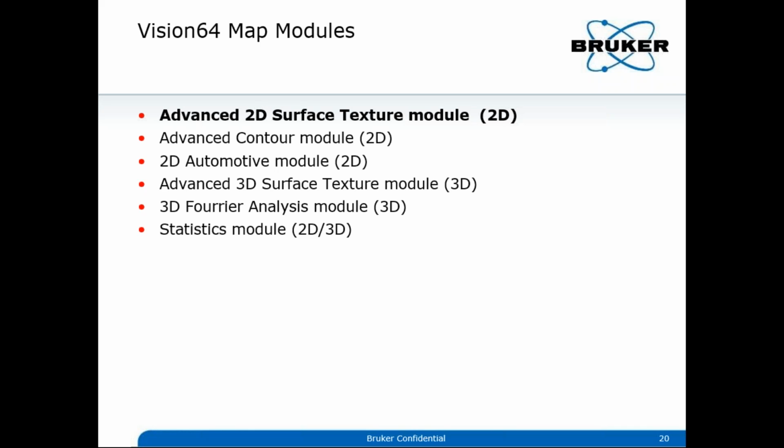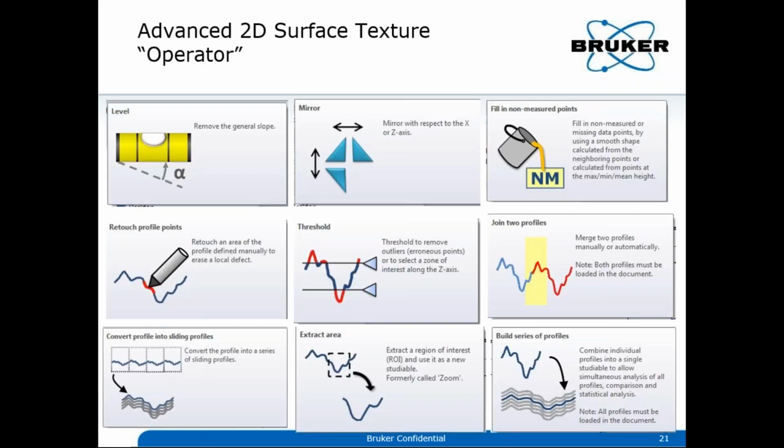If you're from the automotive industry, you will need the 2D automotive module, and other modules are also available. I'm going to go through them one by one, and should you have more questions about each of them, you can either email us or post the questions here and I can answer them at the end of this presentation.